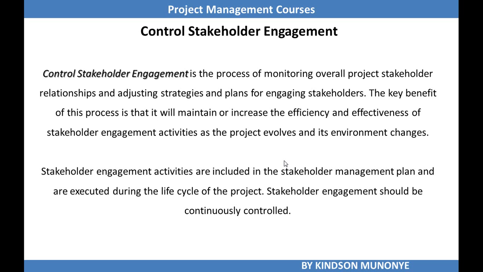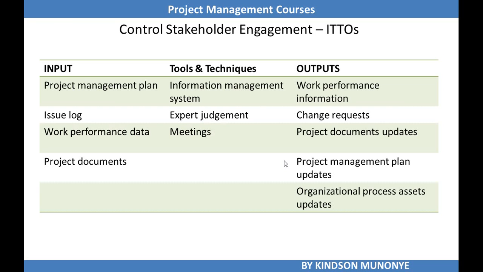Let's now spend some time looking at the ITTOs of the control stakeholder engagement process. For input we have the project management plan. We also have the issue log, work performance data, and project documents.